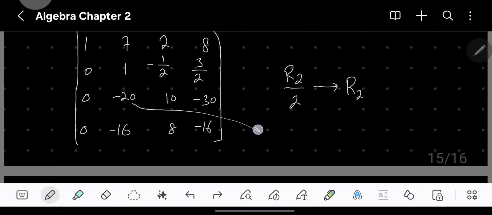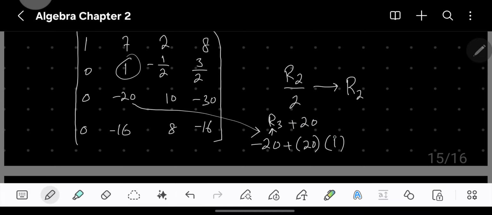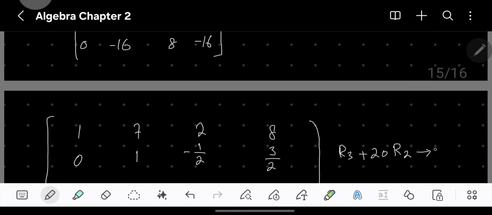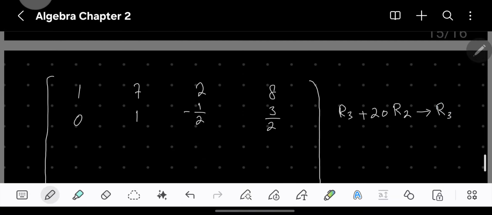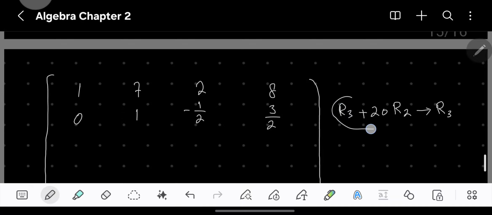This is minus 20 plus some number times this 1. Of course this number is 20. This minus 20 refers to R3, this 20 is the constant, and this one refers to R2. These changes will be done in R3, so it is R3 plus 20 R2.